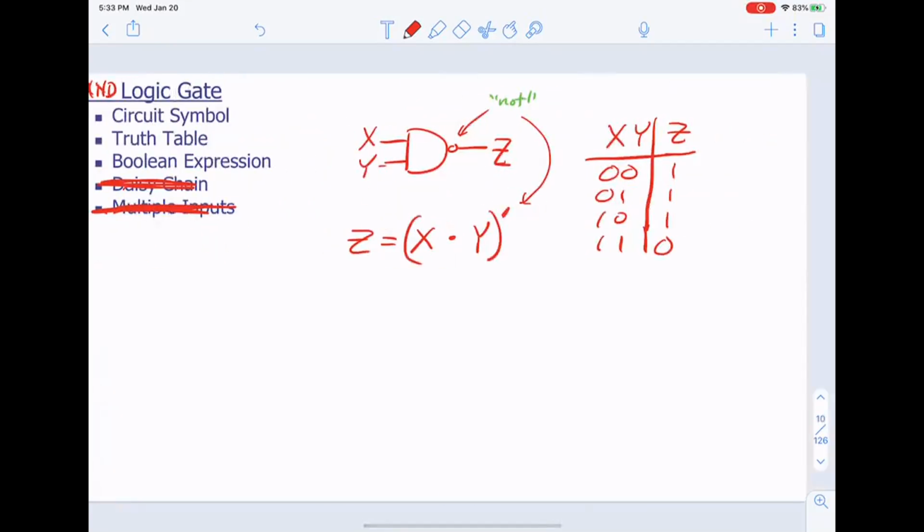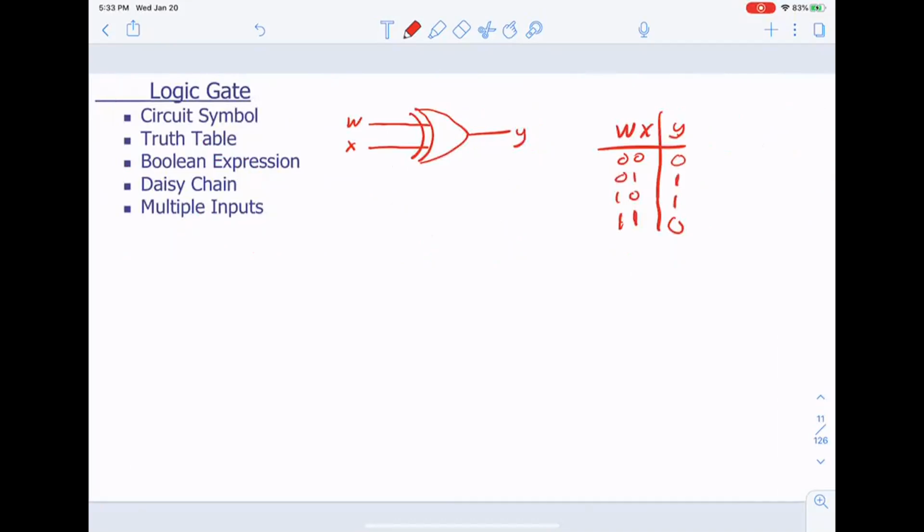And then the equation for this, the logic expression, we're not going to do daisy chain or multiple inputs for this one. The way you do this one is you say y is equal to w plus sign with a circle around it. And I did say plus. I wasn't supposed to, but it's a plus sign, right? And you put a circle around it to mean, you know, that double back thing right there.